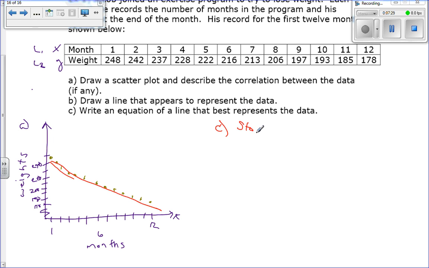We go to Stat, and we're going to calculate. So it's calc.